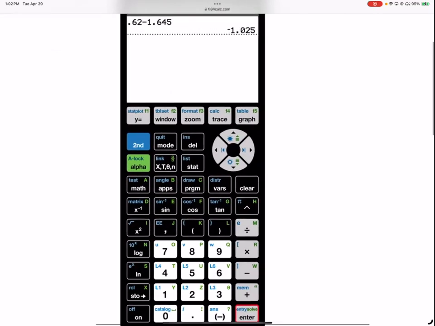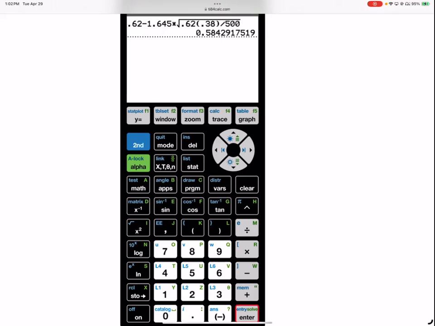I'm sorry, let me clear that. 0.62 minus 1.645 times the square root of 0.62 times 0.38. And if you want to leave that as 1 minus 0.62, just like we've been doing this whole time, you can do that. Divided by 500 inside that square root, and I get this number right here, 0.584.